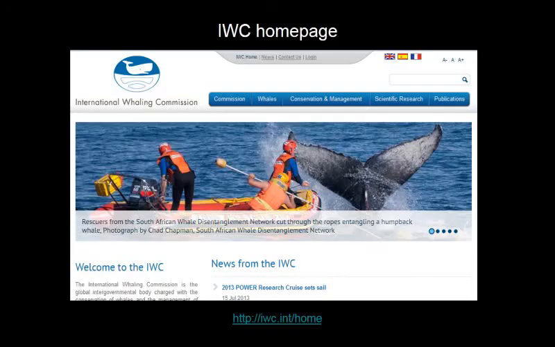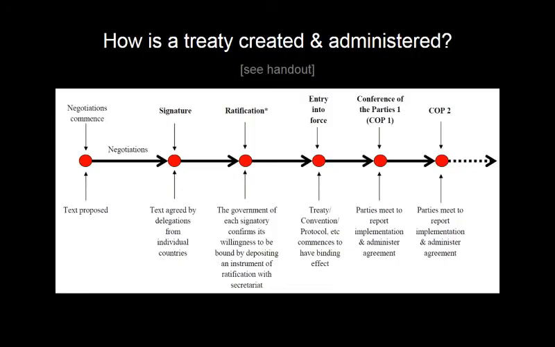Okay, so as an example, the International Whaling Convention, it's the IWC homepage, so that's the International Whaling Commission, and you can go there for news and the like. They meet once a year, and in that context, I've given you a handout with this diagram on it, and this is one of the most useful things I can give you for helping you understand international environmental regulation.